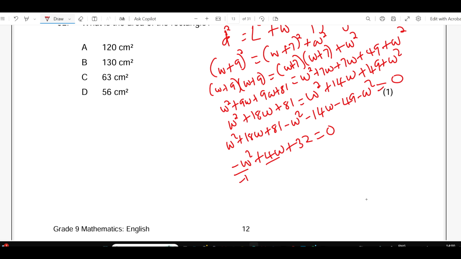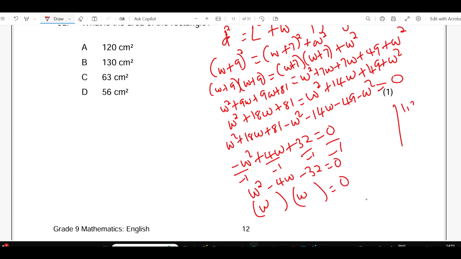I'll divide by -1, by -1, by -1. I want to get rid of this negative. It's going to be w squared minus 4w minus 32 equals to 0. And therefore, I will factorize now. I have w here, I have w here. Factors of 32: I have 1 and 32, and then I have 2 and 16, sorry, here I have 8 and 4.